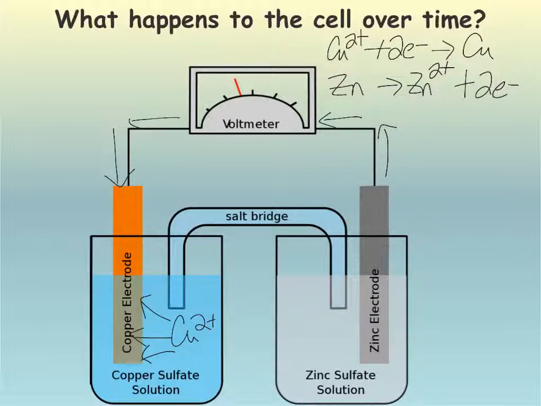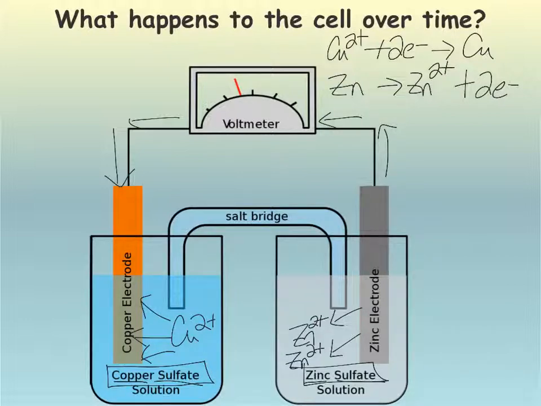Our zinc electrode is actually depleting as it loses electrons. It is producing more Zn2+ in the solution. So at the very beginning, in the copper sulfate and the zinc sulfate, we had equivalent amounts of copper and of zinc.